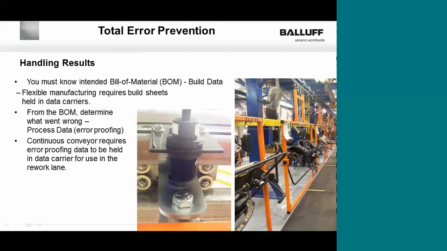So the build data can be all contained into that RFID tag, and at each station where we're doing error checking, we can confirm or flag what errors have occurred so that we're not doing further value add to a defective piece, and it can be routed directly to the rework station.